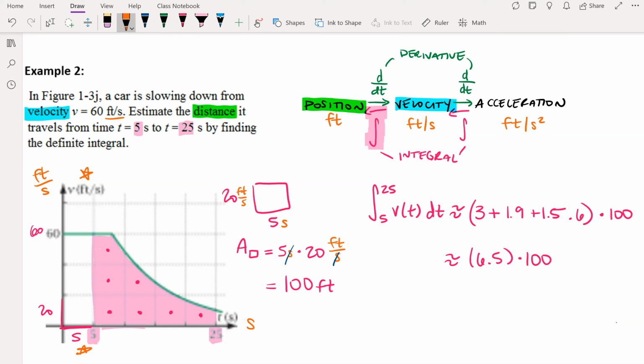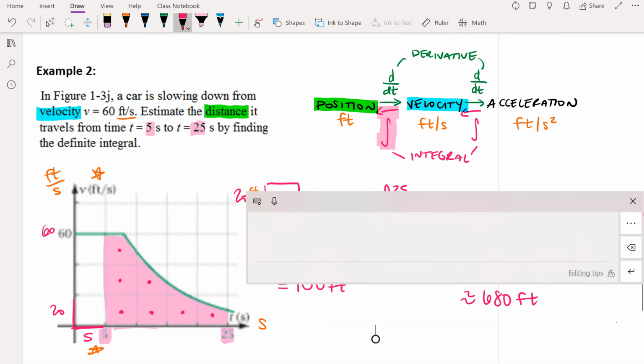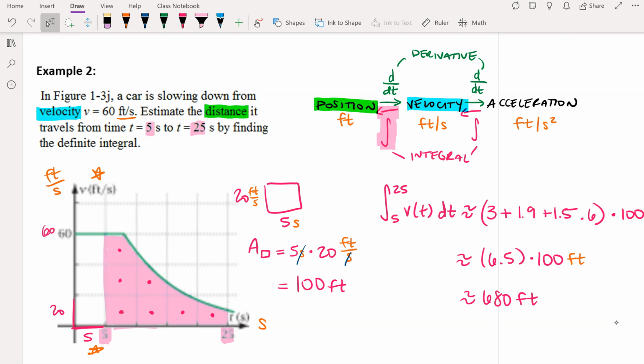Make sure you know your units, feet. This is unitless because it's just the number of squares. All right, so this integral is approximately 680 feet. And what that means is the car traveled approximately 680 feet. That's the distance that the car traveled over the time, 5 to 25 seconds.